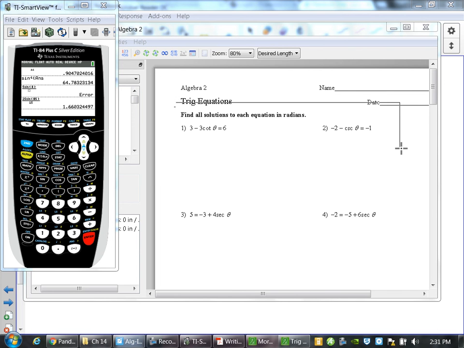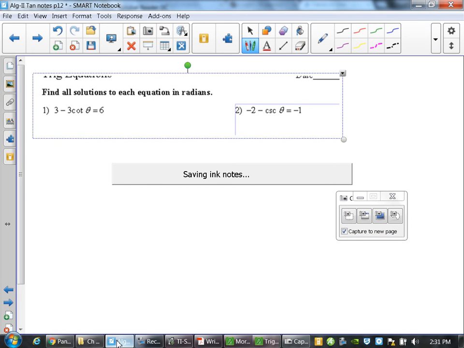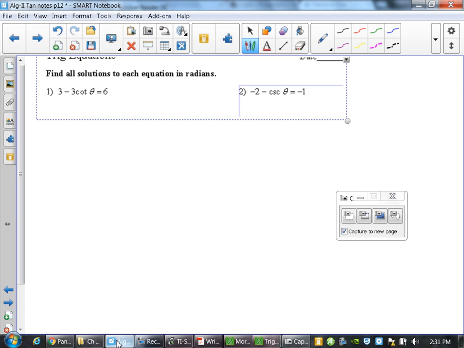So the left column, do the general solution, and the right, do your interval. Let's spell the word general: G-E-N. As opposed to the interval notation, there's no N in it.